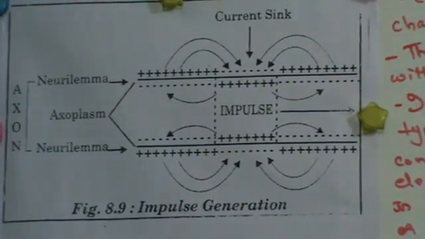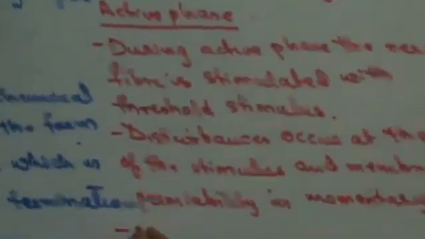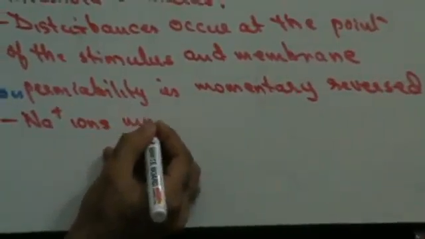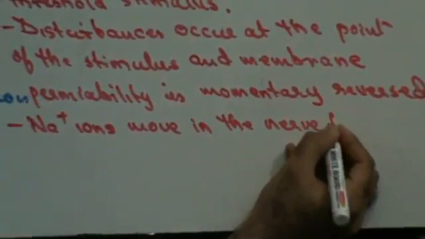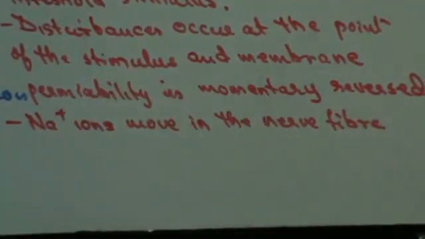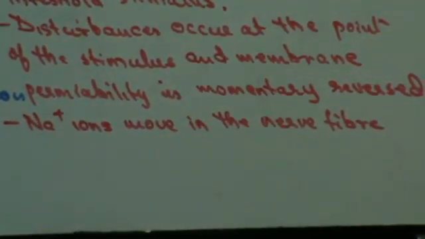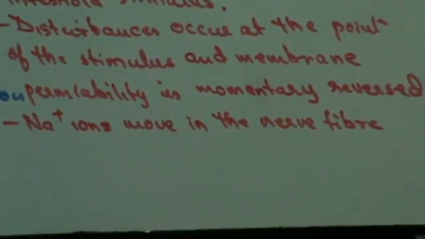The positive sodium ions move in the nerve fiber. How is it that the polarity is changed? Because as soon as you touch the membrane, as it is semi-permeable, its permeability is going to change. So the sodium ions would move in and the potassium ions would move out. Right?